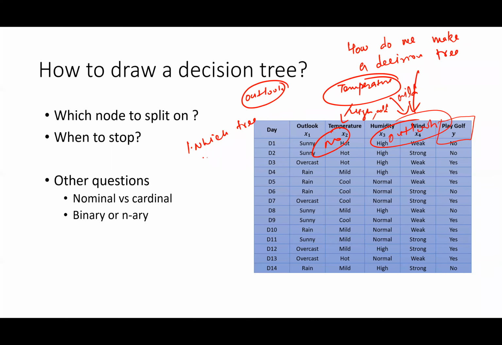Related to this question is, which attribute should we start with? And then how much should we split? How long should we split a particular attribute? And the second question is, how deep should we go? How deep in the tree should we go? Should we go a few levels, or how many levels, or when do we have to stop? These are the different questions.